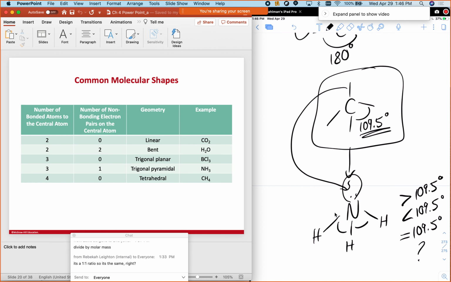Anytime you replace a bonding pair of electrons with these non-bonding lone pairs, you now have more repulsion between this lone pair set of electrons and the two electrons here. So the angle will always be less than what it was. Okay, so it's going to be less than 109.5.